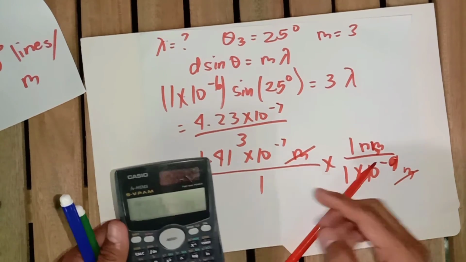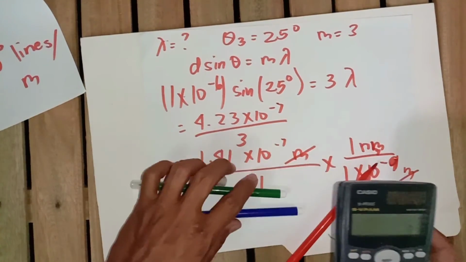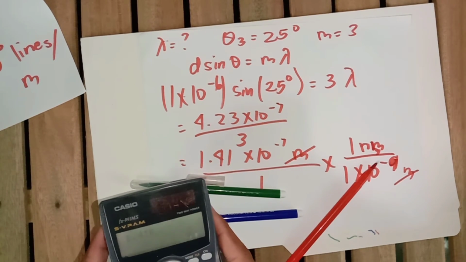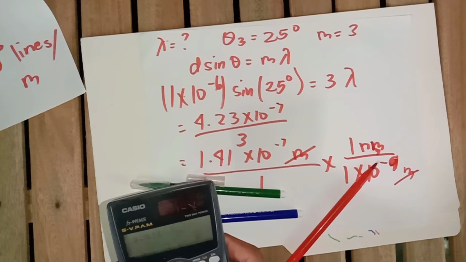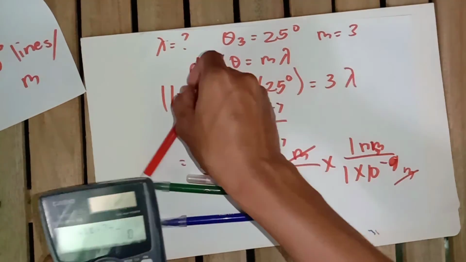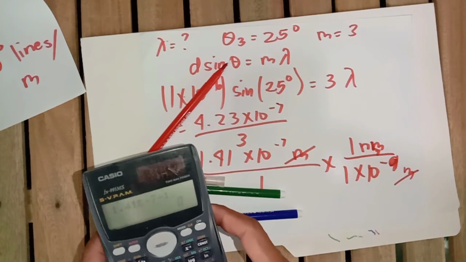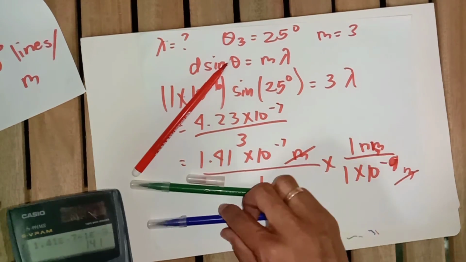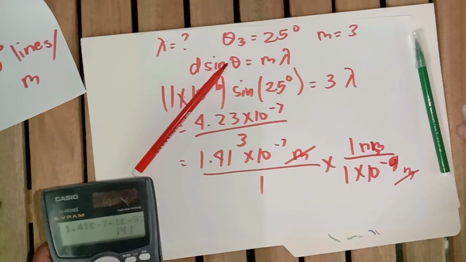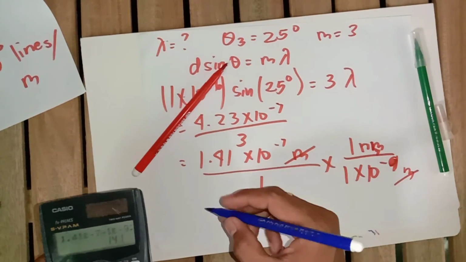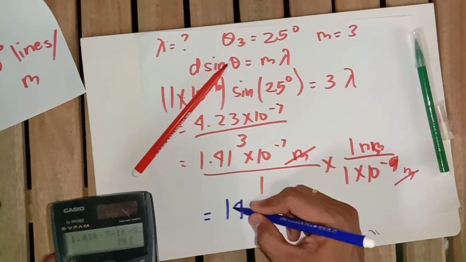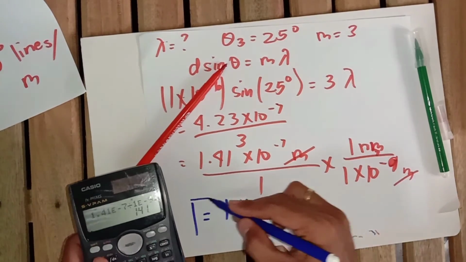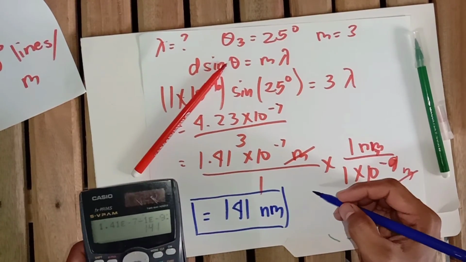Then 1.41 times 10 raised to negative 7 divided by 1 times 10 raised to negative 9 equals 141 nanometers. That's our wavelength of the source.